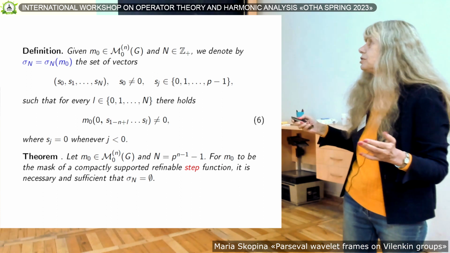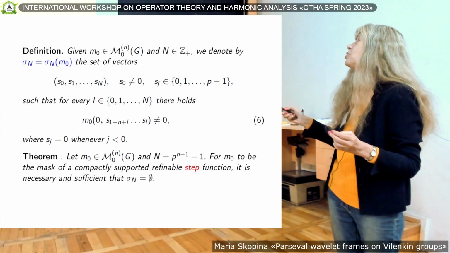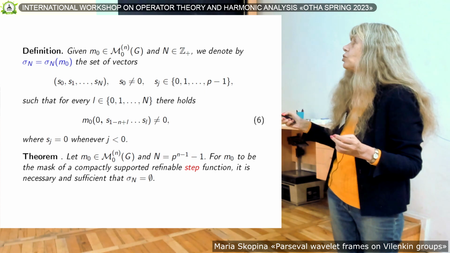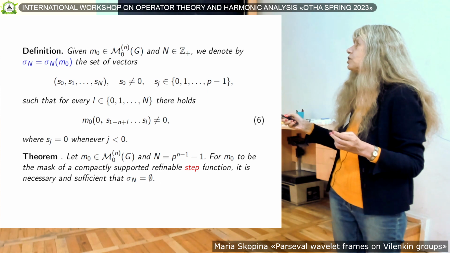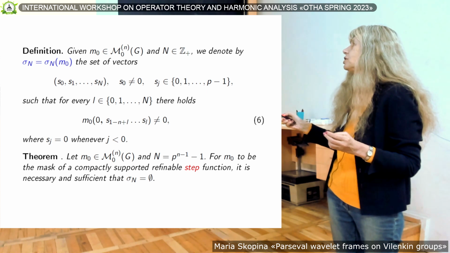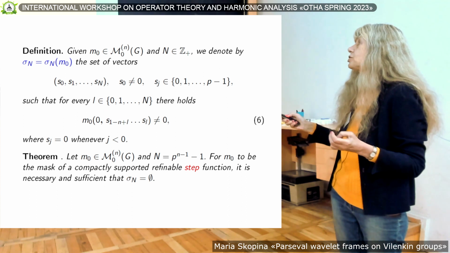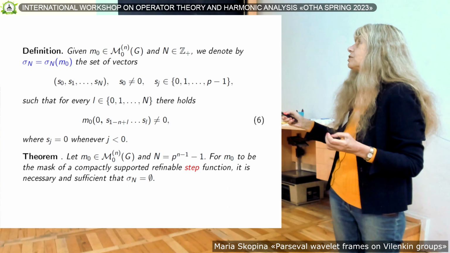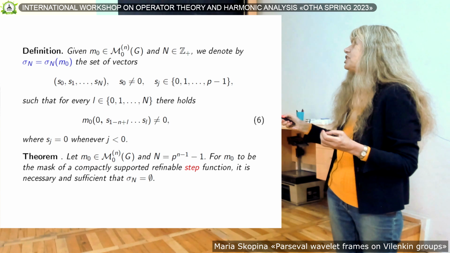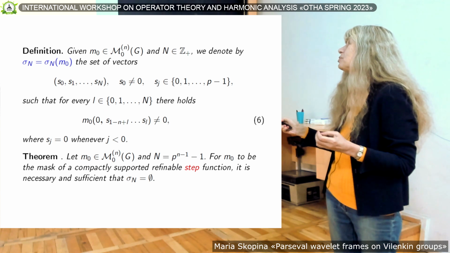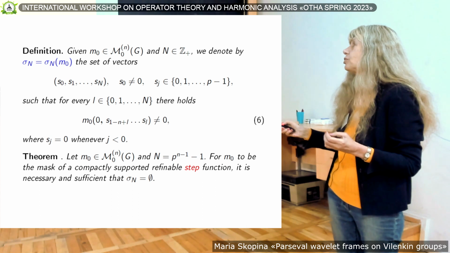We need the following definition. Given a Walsh polynomial M0, we denote by sigma n the set of vectors S1, etc., Sn, consisting of digits, such that for any subsequence consisting of n small n elements, this is non-zero.